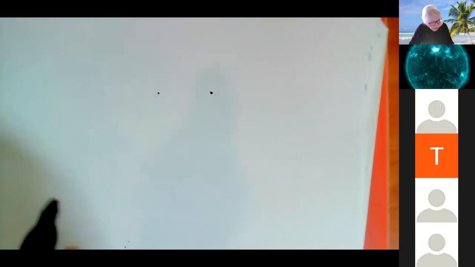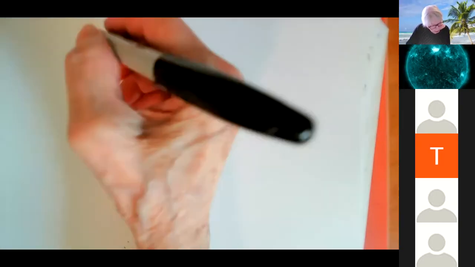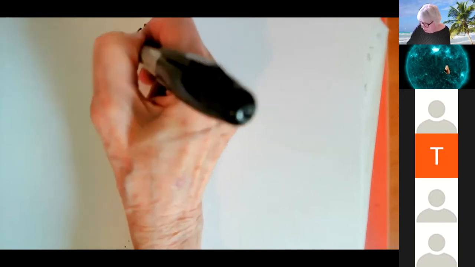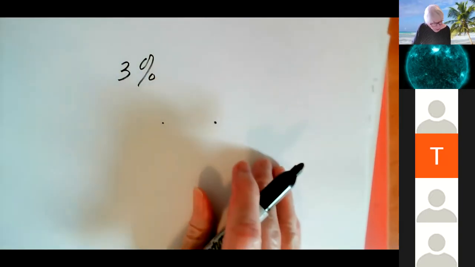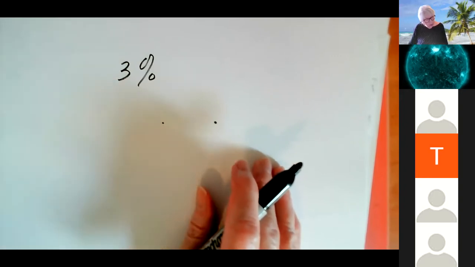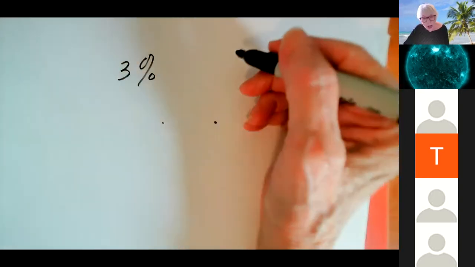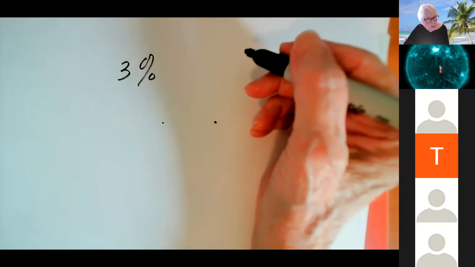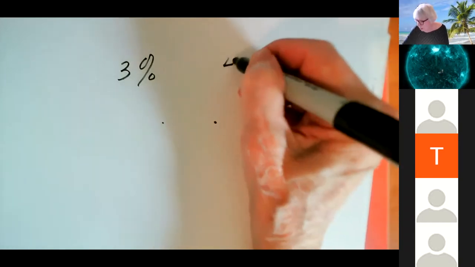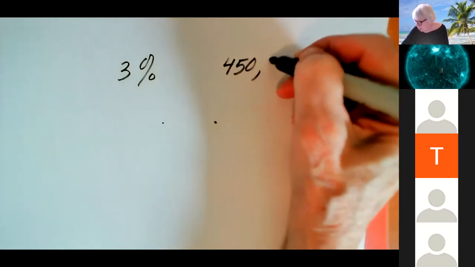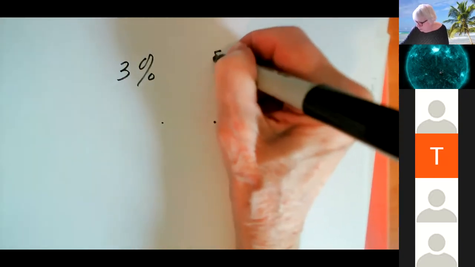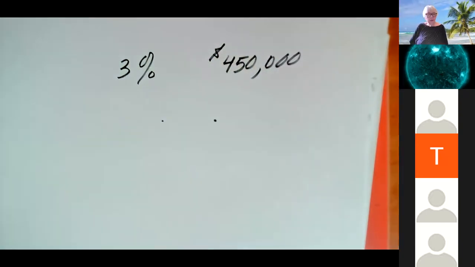Here we are. A real estate agent gets 3% when they sell the house. This house was 289,000. This is not Seattle prices one bit. That's Tacoma.